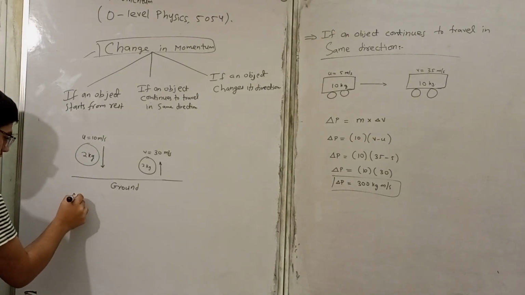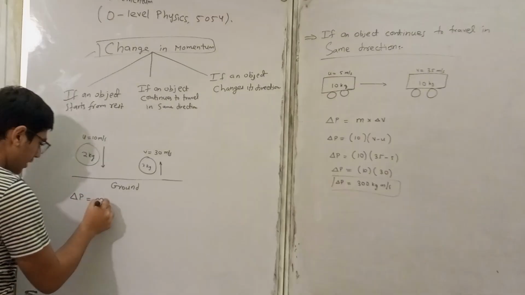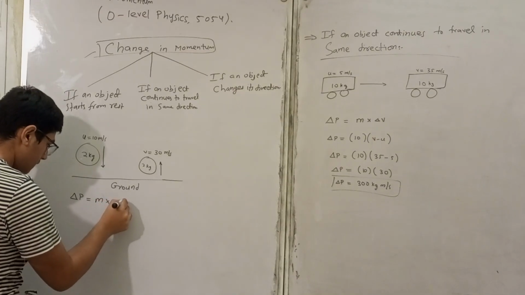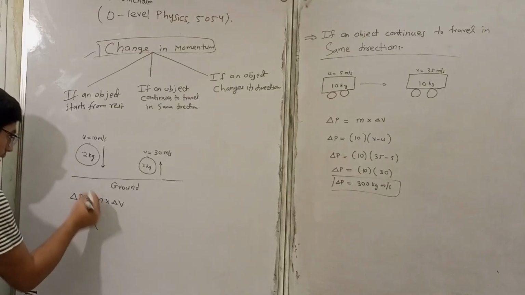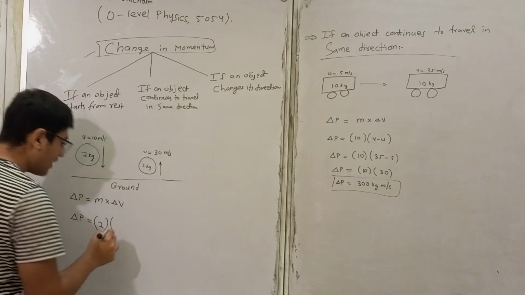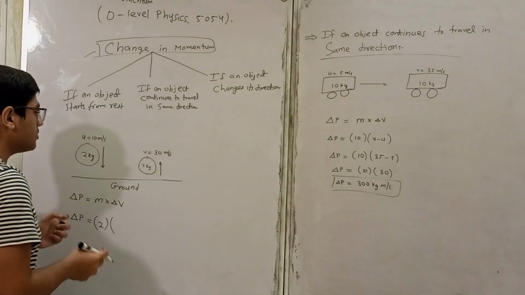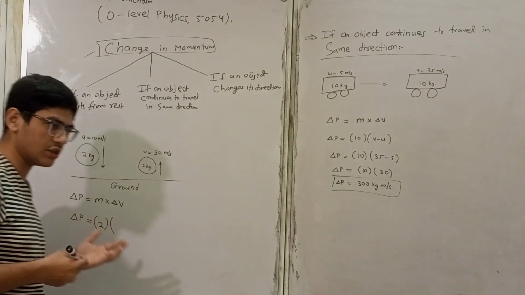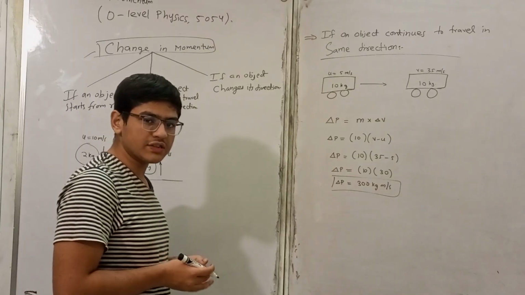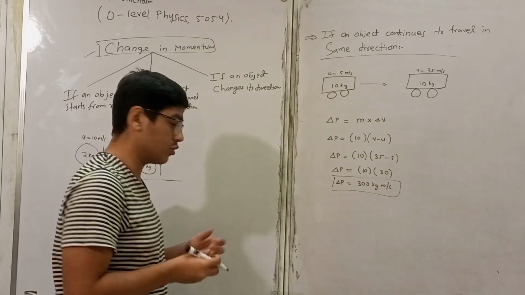Now if we have to calculate change in momentum, it will be m into delta v. Mass is 2, delta v will be v plus u. Since the object is changing direction, and it's a rule that if the object is changing direction, its change in velocity will be calculated by adding both the velocities.